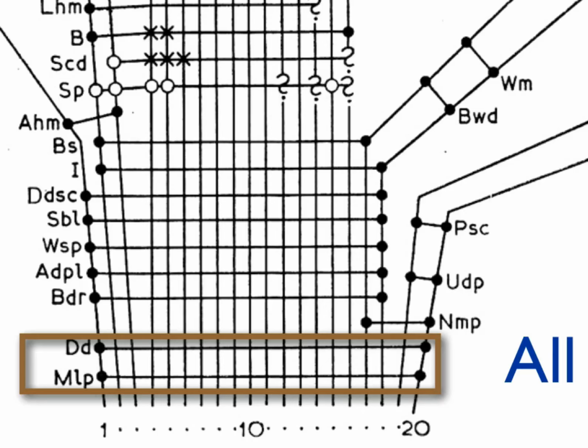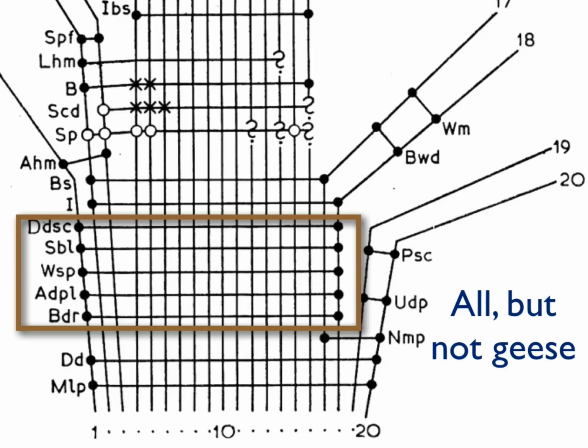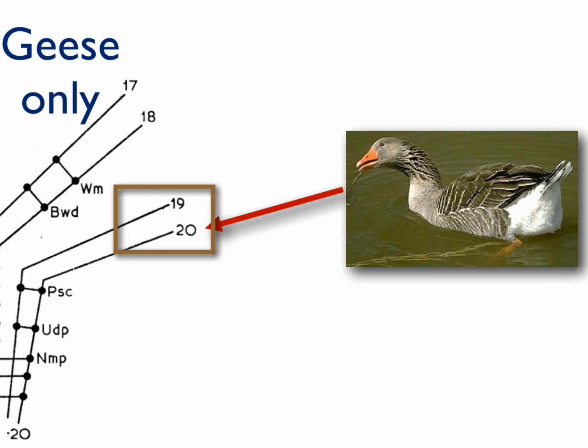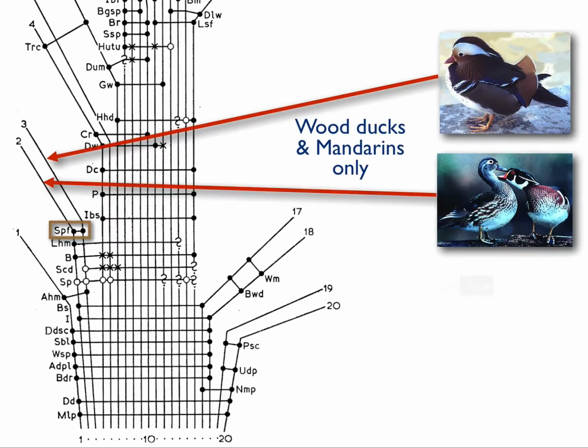All the species in this tree are performing those two behaviors, whatever they happen to be. And everyone in the tree does this, but not geese, because geese are off over there. So they don't do all those other behaviors. And what else? There's the branching off over on the left of wood ducks and mandarin ducks. They have that unique behavior right over here. Again, that's German. I don't know what it stands for.